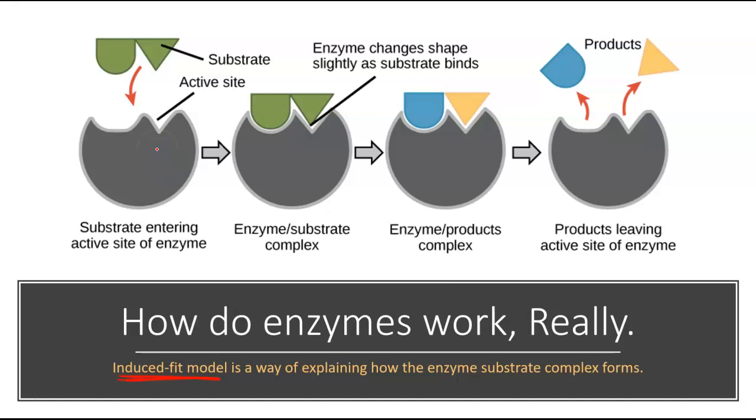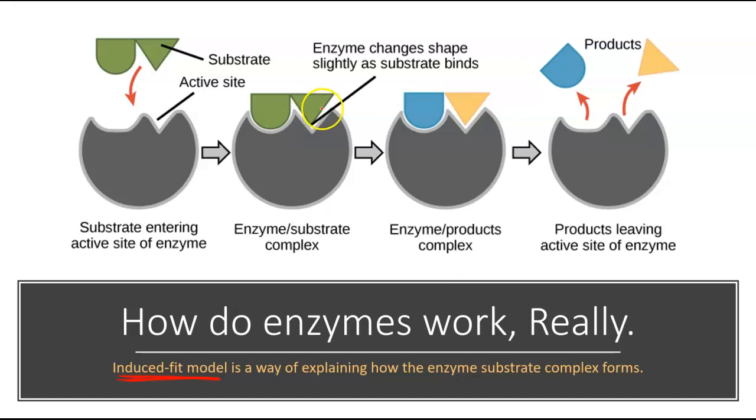And so the enzyme, while very similarly shaped to the substrate, is going to actively change to accommodate a variety of substrates, so that if the substrate isn't an exact match, the enzyme is going to become a match based on an induced fit model.